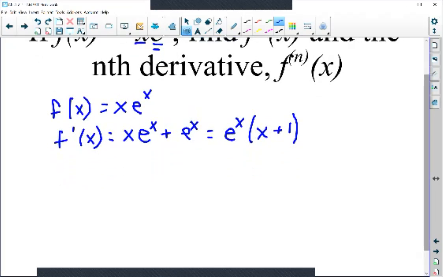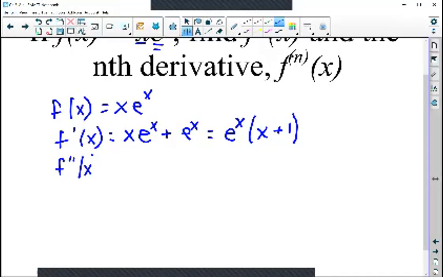So now I'm going to find a couple more derivatives, see if I can come up with a general formula. So if I take the second derivative, I have the derivative of x times e to the x.